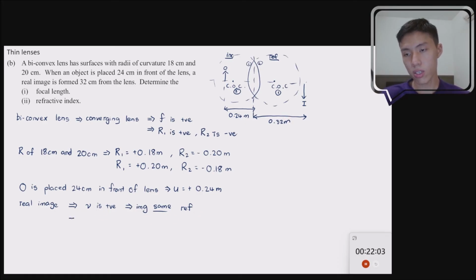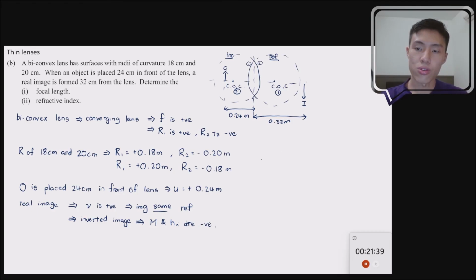Second thing that you can know is real pairs with inverted. So if it's an inverted image, then the image M and your HI both should be negative.